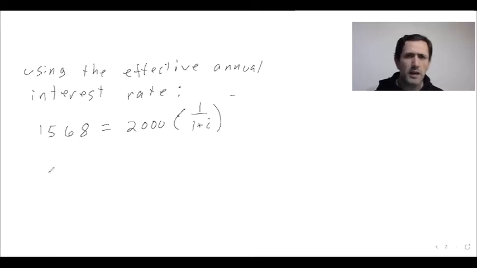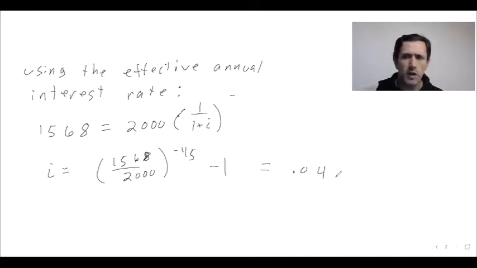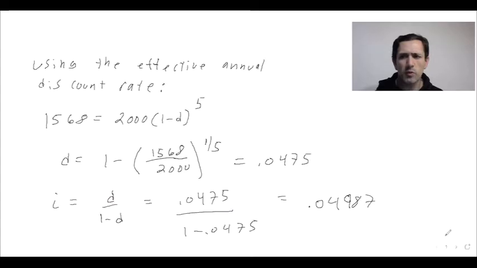You get that i is going to be (1568 over 2000) to the minus 1 over 5, minus 1. And this is going to be 0.04987, which is exactly what we got before.